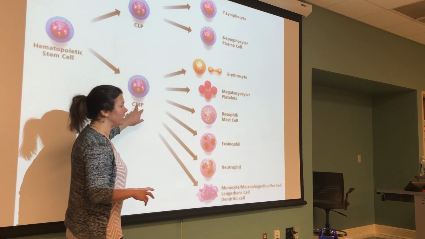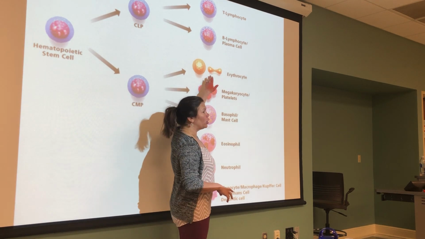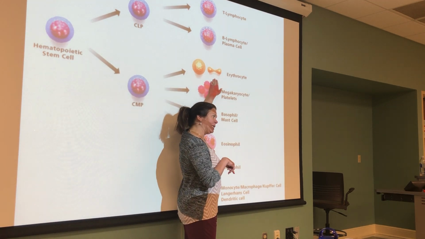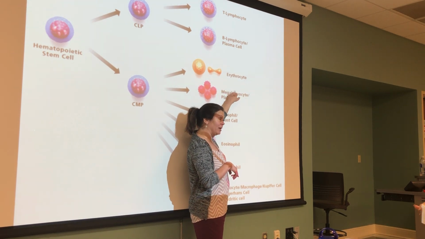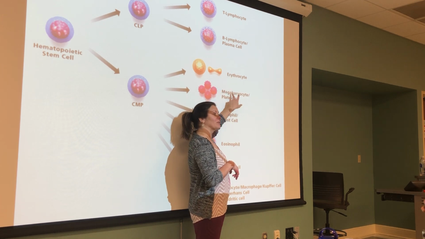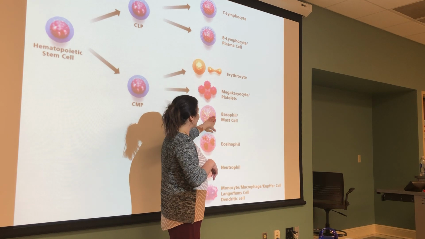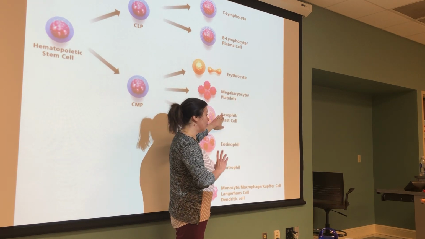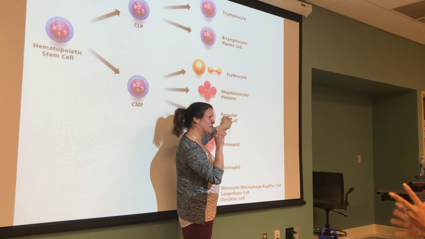If the myeloid lineage is the one that is affected, if you remember when I explained it before, you have your erythrocytes, so the patients would have anemia. The megakaryocytes and megakaryoblasts, patients are going to have low platelets and bleeding. Basophils and monocytes, this is mostly for phagocytosis, right?